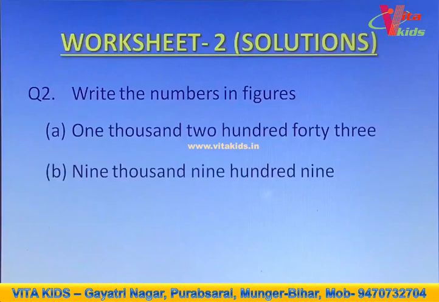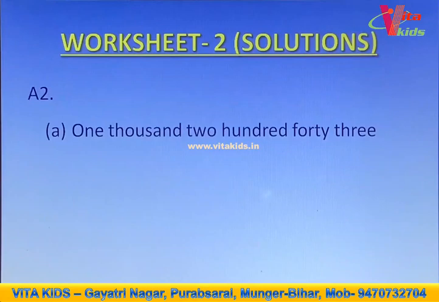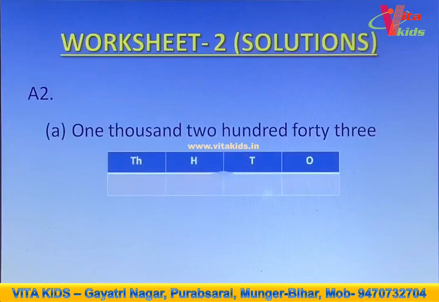Question number 2. Write the numbers in figures. First one, 1243. So for this, I'll place the place value chart and we'll start from the right. Number here we have is 3. So 3 will go in the ones column. After that we have 40. 40 means 4 tens.